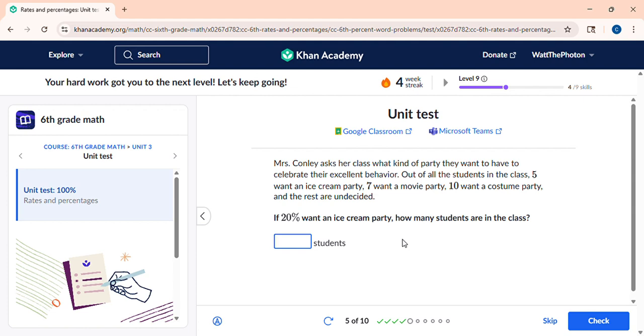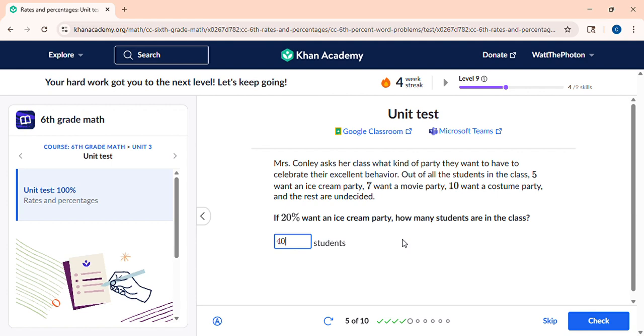So, let's see. If 20% want an ice cream party, so you have 5 divided by 0.2, which is 5 times 8, so 40 students.